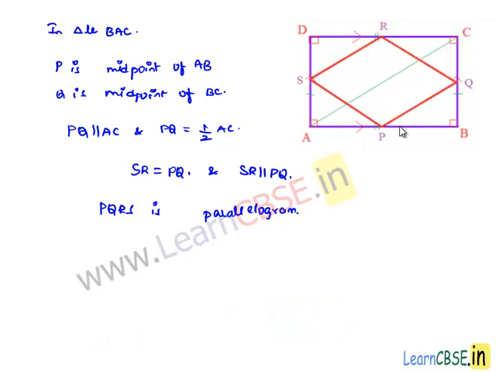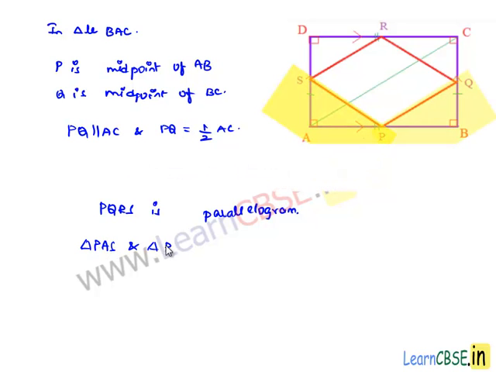Here, in order to prove that PQRS is a rhombus, let us consider the two triangles, that is triangle PAS and triangle PQB. In these two triangles, angle SAP is equal to angle QBP is equal to 90 degrees, as ABCD is a rectangle, and AP is equal to PB since P is midpoint of AB.